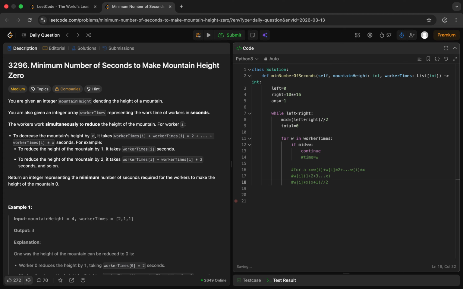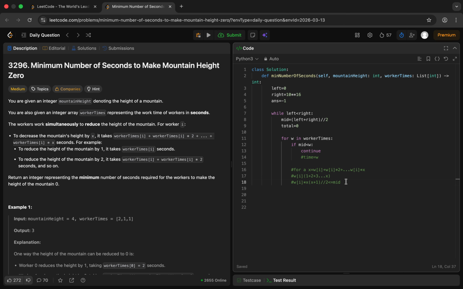So this thing we have got, and as we know, this particular value should always be less than or equal to mid. Mid is nothing but the time which we are calculating.